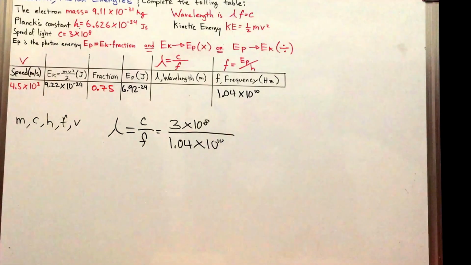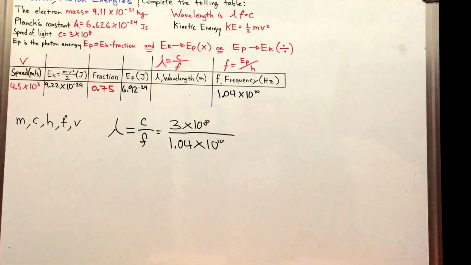3 EE to the 8th power divided by 1.04 EE to the 10th equals, once you plug this number in, it's going to come out with a pretty big number.